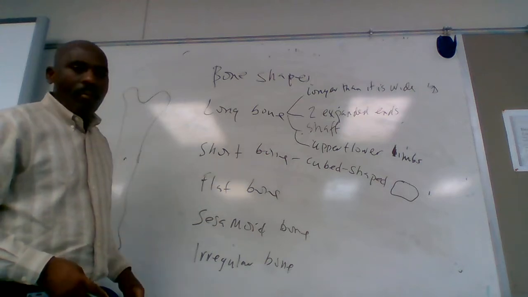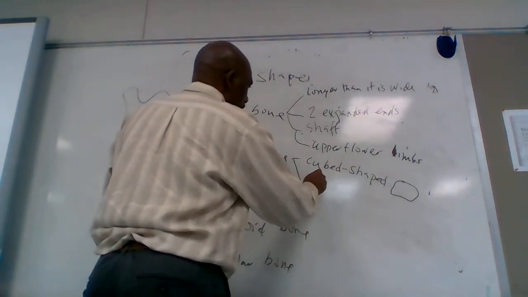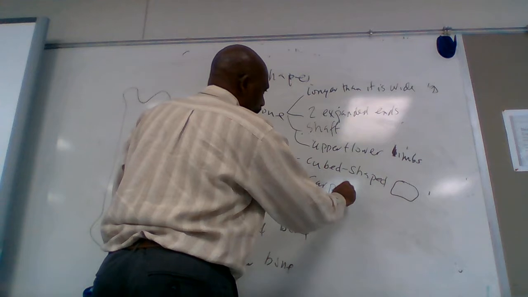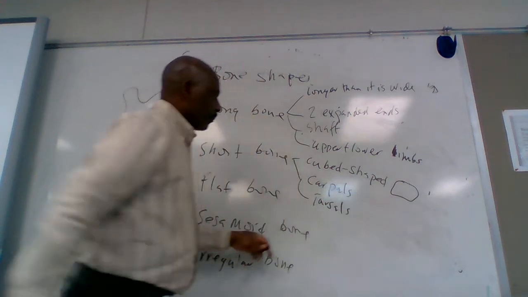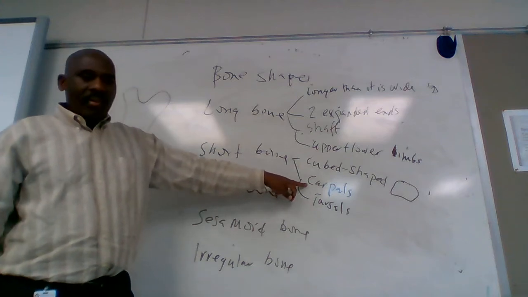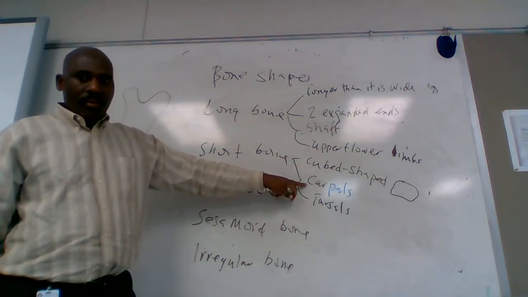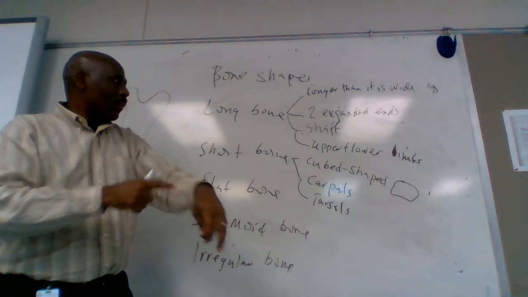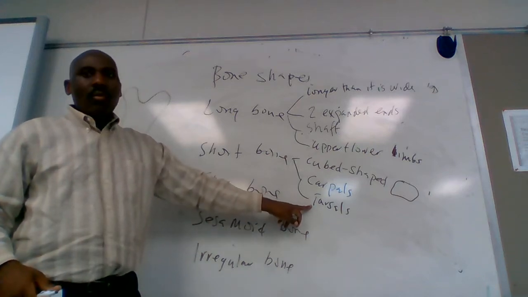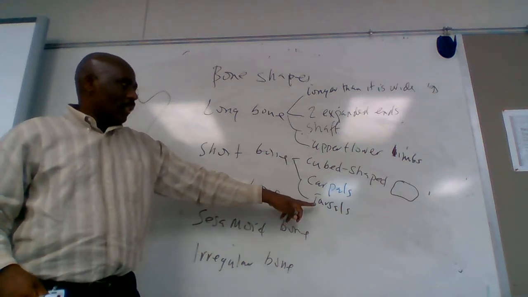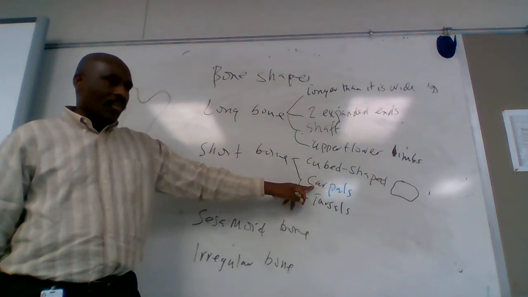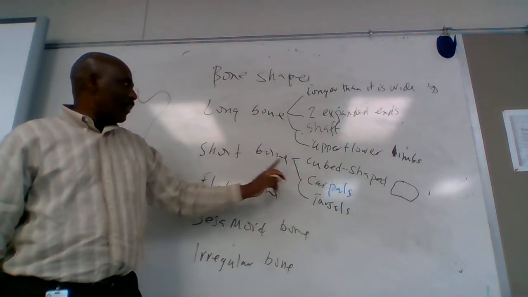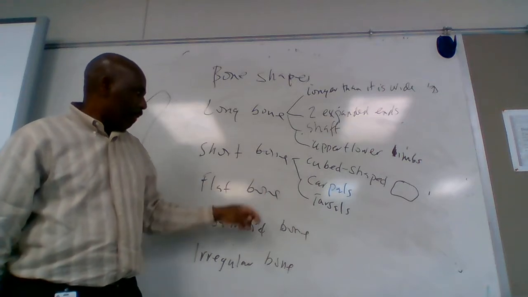Where will you find short bones in the human body? You have carpals and tarsals. Carpals are your wrist bones. Tarsals are your ankle bones. So this is where we find short bones in the human body.